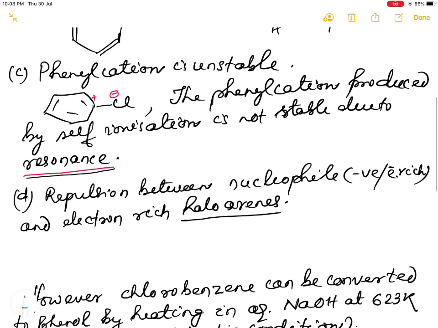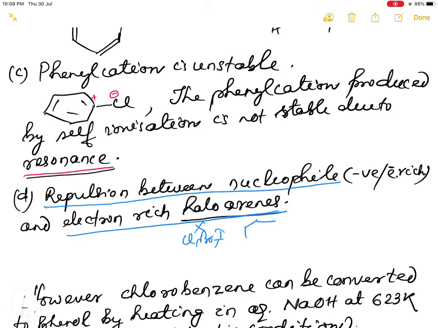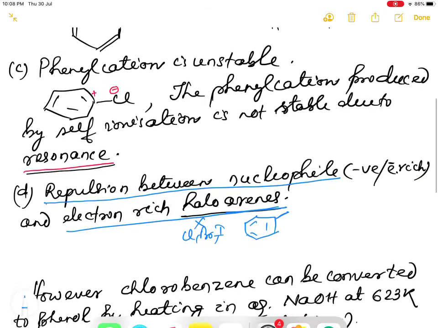Fourth point, repulsion between nucleophile and electron-rich haloarenes. Halo means X, X means chlorine, bromine, iodine. Arenes means a ring having a benzene nucleus.